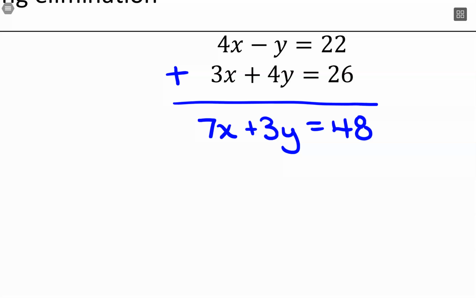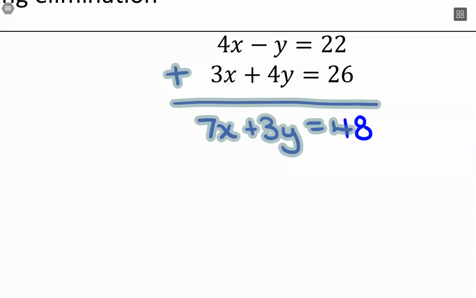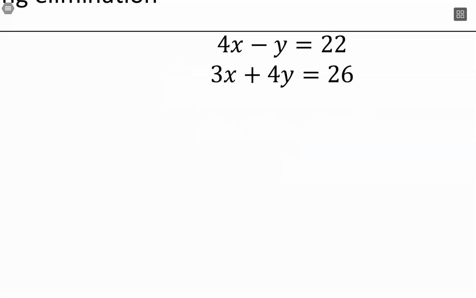So this is where we need to think about step 2, where we're going to make an adjustment. And the adjustment is going to come through by multiplying these equations by a number. And we're just going to need to multiply every single term. So what I want to do is think about 4x and 3x and multiplying that such that they would cancel out.